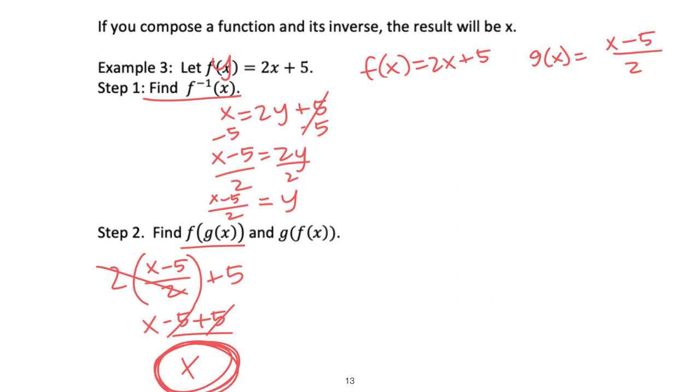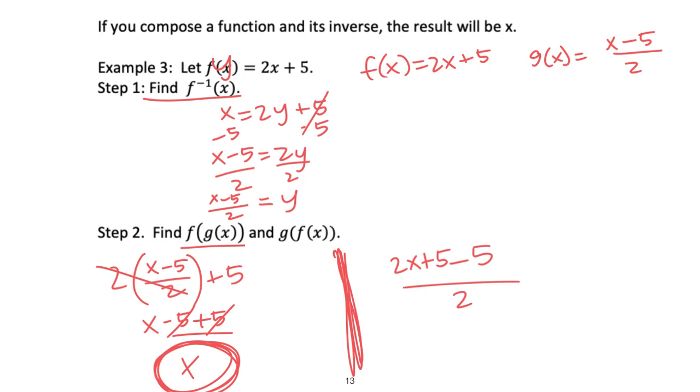Now you have to check the other way. So we're going to do that same thing, but now we're starting with g, and we're going to plug f into it. We should also end up with x if these are true inverses. So I'm going to take g, that fraction, and instead of that x in the front, I'm going to put 2x plus 5.